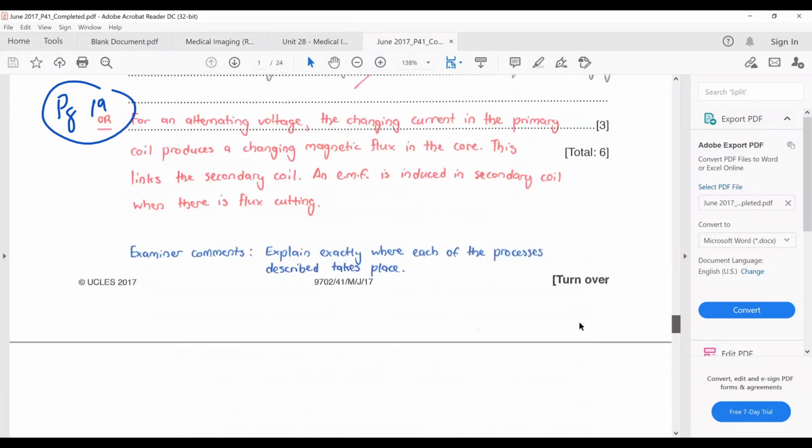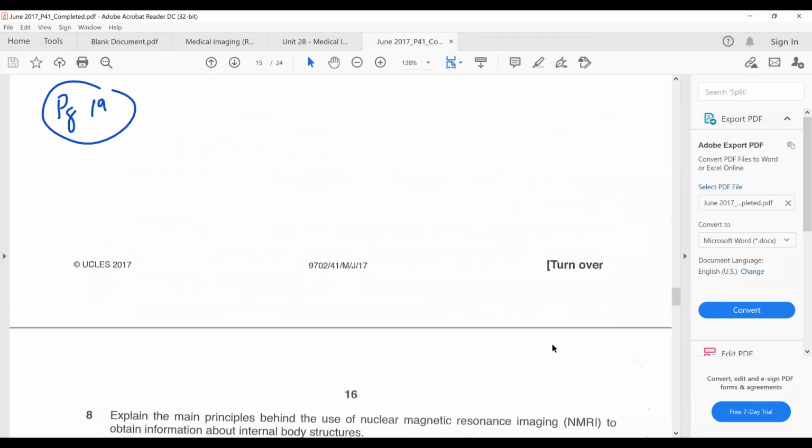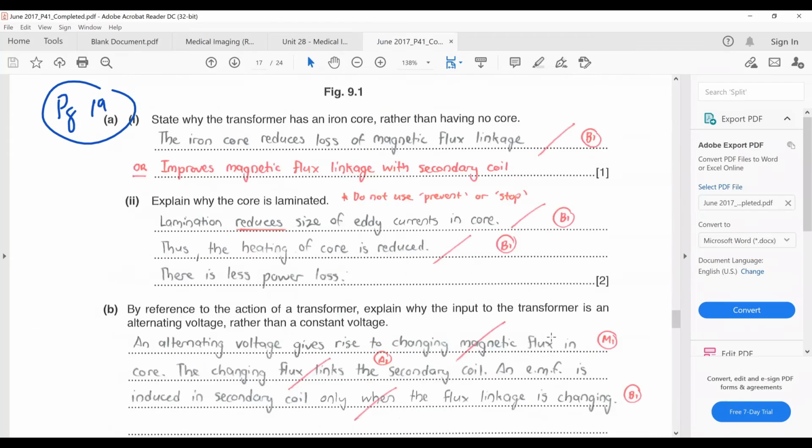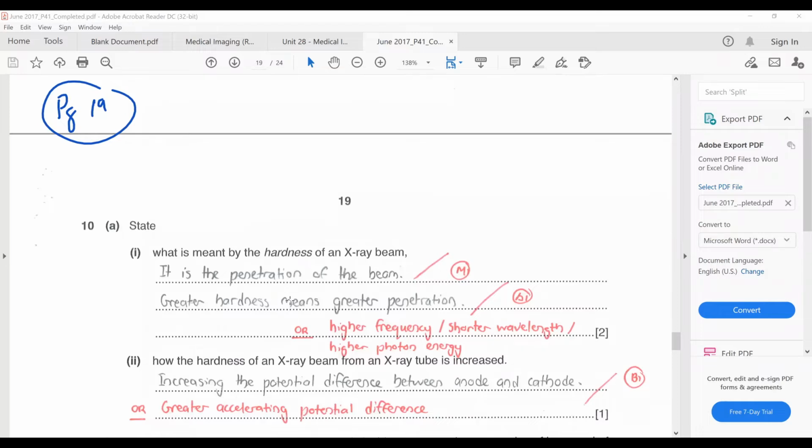Okay, state what is meant by hardness of an X-ray beam. As mentioned to you that time, if you talk about hardness of an X-ray beam, it tells you how strong the X-ray beam is, specifically how strong its penetration power is. So if they ask you what is the hardness of an X-ray beam, you can just say that it's the penetration of the beam.